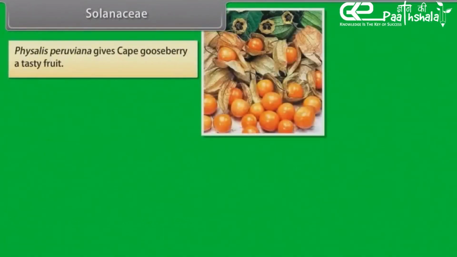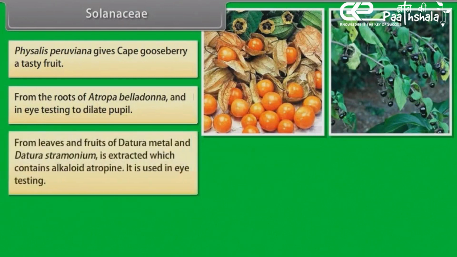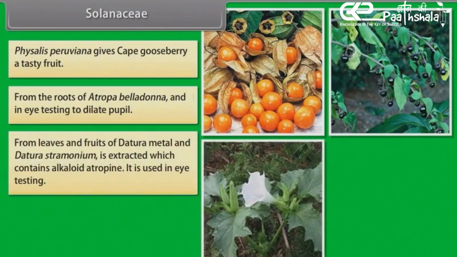Physalis peruviana gives Cape gooseberry, a tasty fruit. From the roots of Atropa belladonna, atropine is obtained, used in eye testing to dilate the pupil. From leaves and fruits of Datura metel and Datura stramonium, an extract is obtained which contains the alkaloid atropine. It is used in eye testing.